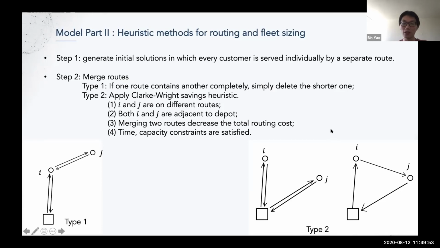Then we first consider the one with the greatest saving, and we check whether after merging these two routes, all the time windows are still satisfied for all the vehicles and customers. And I don't think it will involve lots of work. So basically, there are only 3 constraints we need to satisfy, I think.